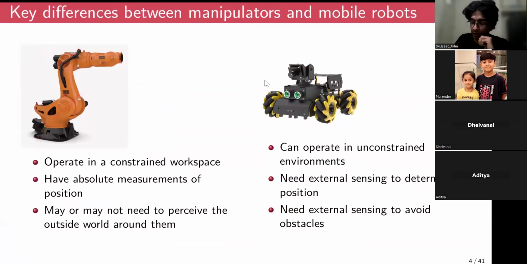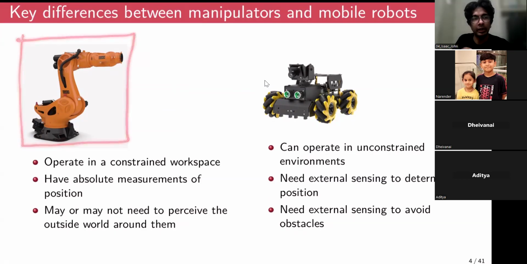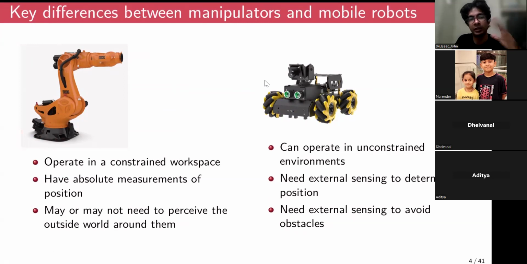That's 3 degrees of freedom already, and this part could have 3 more. It can move up and down, move side to side, or roll about this axis. This is how a 6 degrees of freedom robot manipulator would typically look: three positional coordinates and three orientational degrees of freedom.